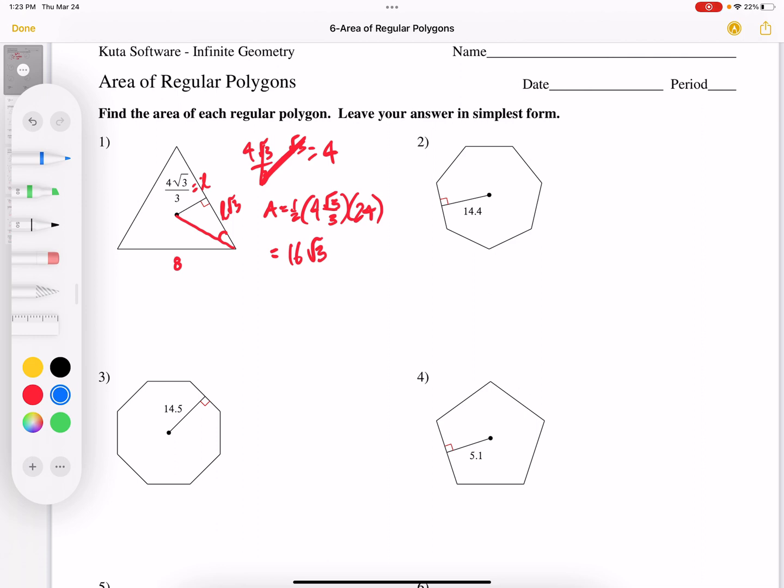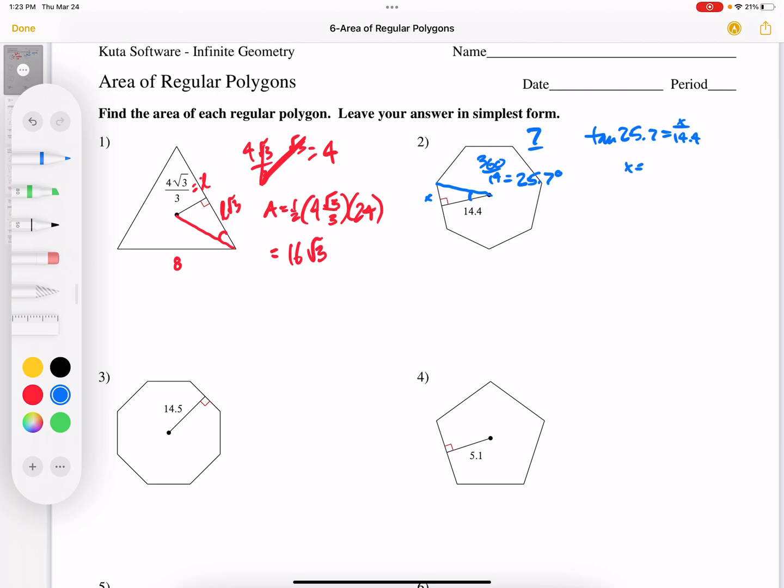Next problem. This is a septagon. It's got 7 sides. So if I draw in this side here, this angle is actually going to be 360 divided by 14, which is 25.7 degrees. So my side length here, I'm going to say tangent of 25.7 equals x over 14.4.